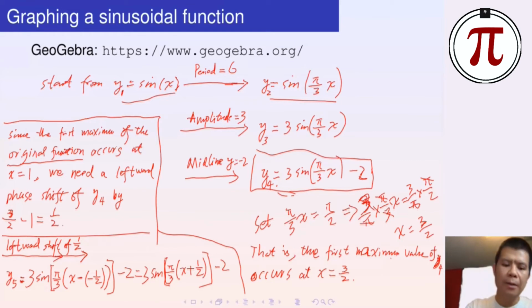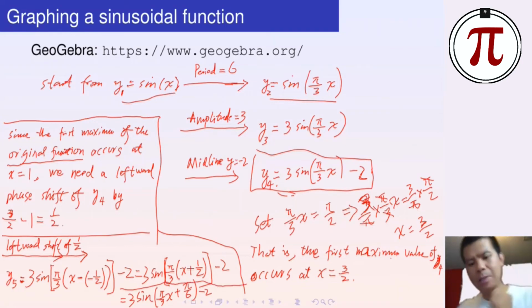You may want to do one more step and write it in the standard form: sine of pi over 3 x, plus pi over 6, and then minus 2. So you can write it in this way.